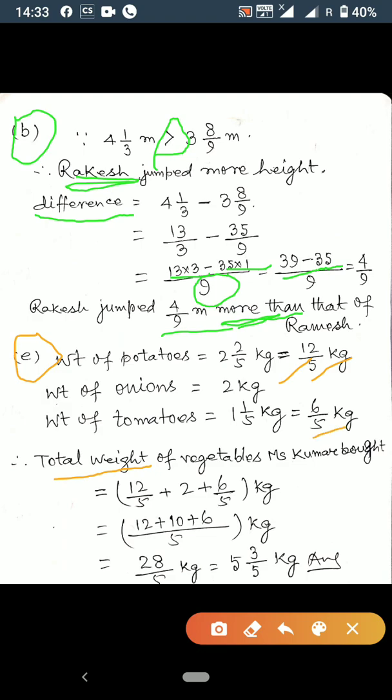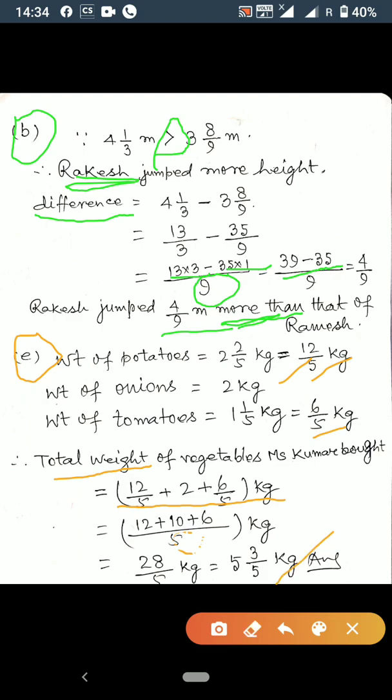Weight of tomatoes equal to 1 whole 1 by 5 kg, that is 6 by 5 kg. Therefore, the total weight of vegetables bought by Master Kumar is 12 by 5 plus 2 plus 6 by 5 kg equal to 28 by 5 kg equal to 5 whole 3 by 5 kg.